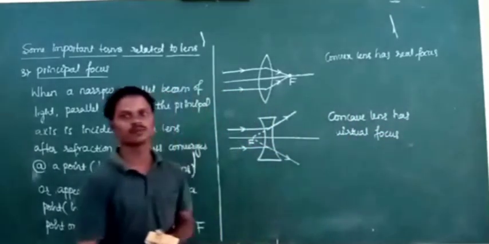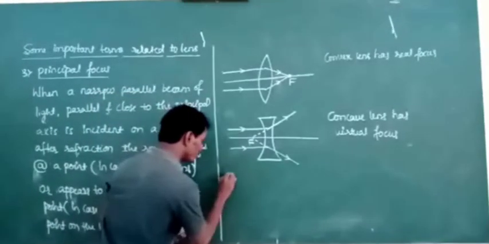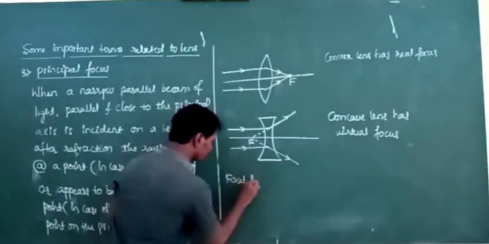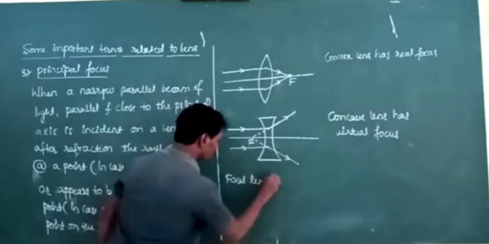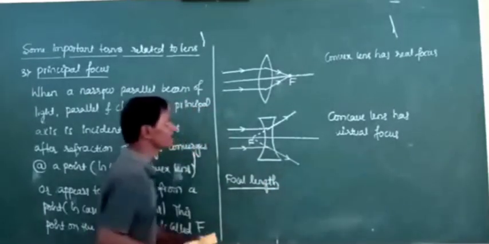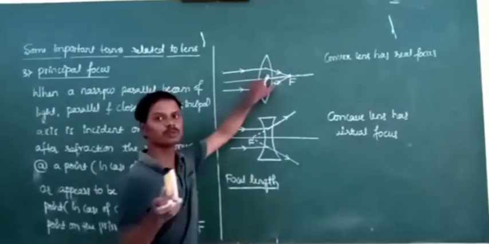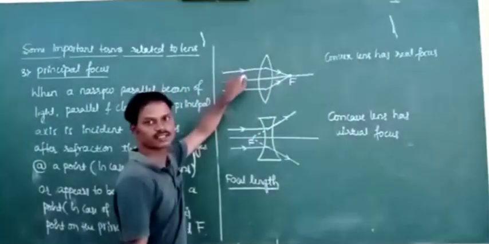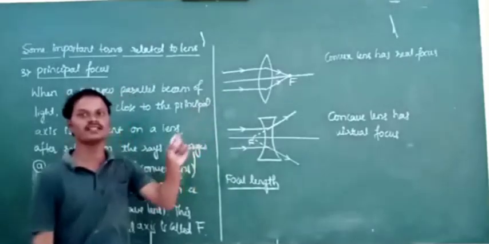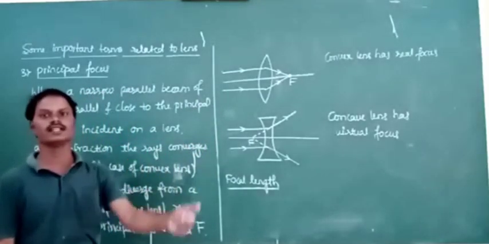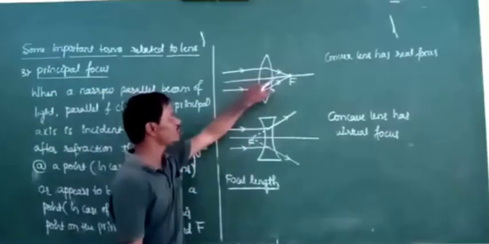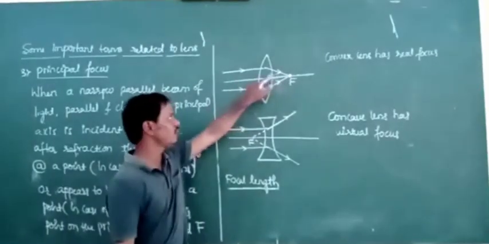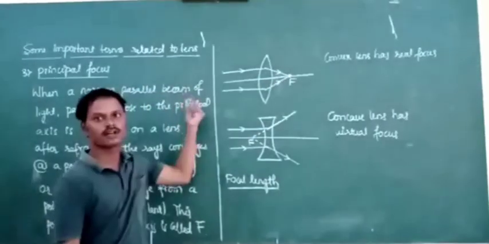Next, focal length. What is focal length? See here, for a given lens there are two foci. One is at the image side, another is at the object side. There are how many foci here? Two foci for the lens, because one is at the side of image, another focus is at the side of object.